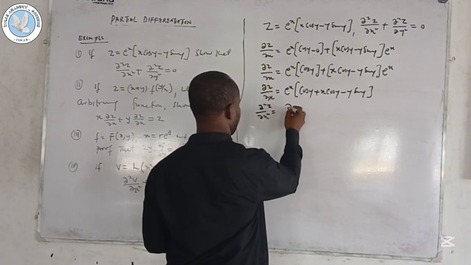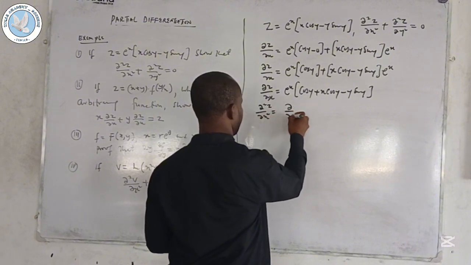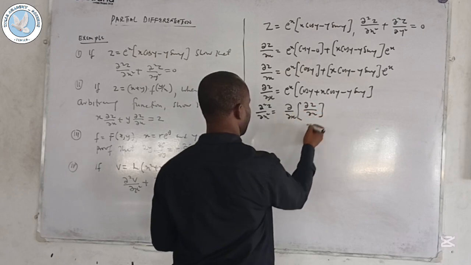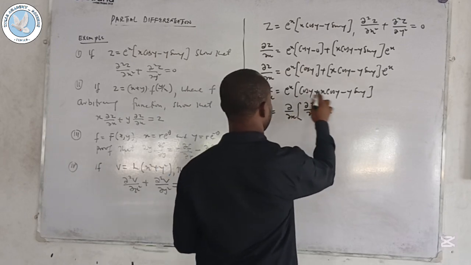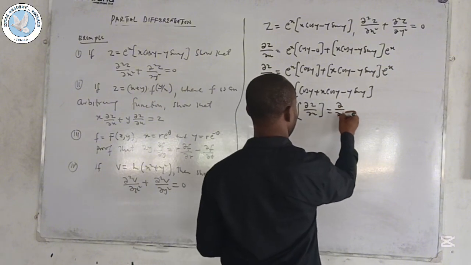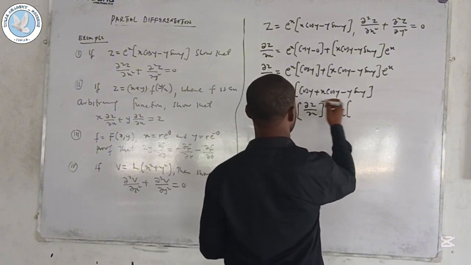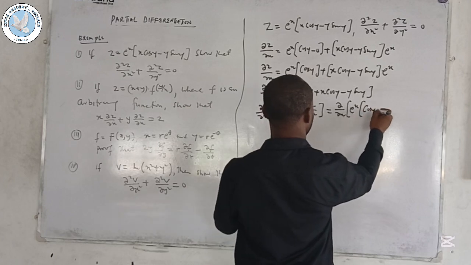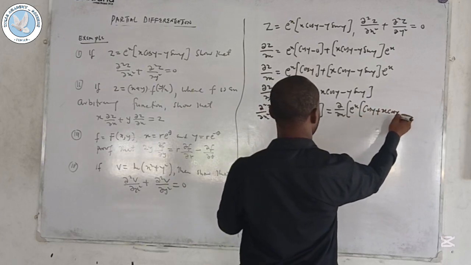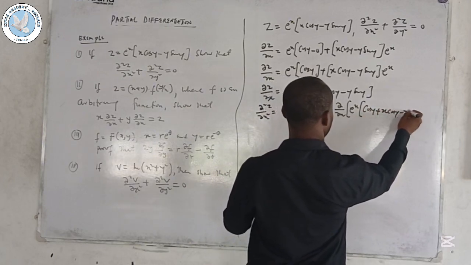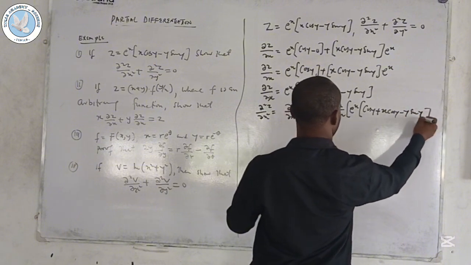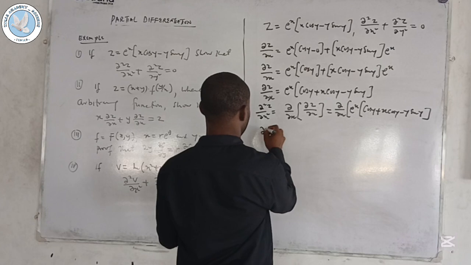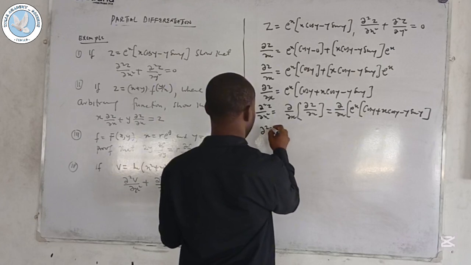So this is giving us dz dx. We have gotten this already. It's going to be this into exponential x, cos y plus x cos y minus y sine y. So at this point, we are going to differentiate that with respect to x.